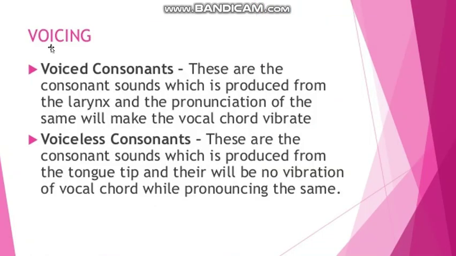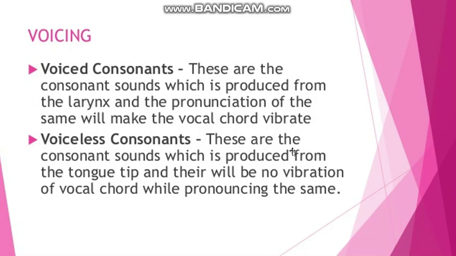Okay. And then voicing. So here, voiced consonants. These are the consonant sounds which are produced with the larynx, and pronouncing them will make the vocal cords vibrate. So when you say this sound, touch your neck. If you feel a vibration, that's called a voiced consonant.